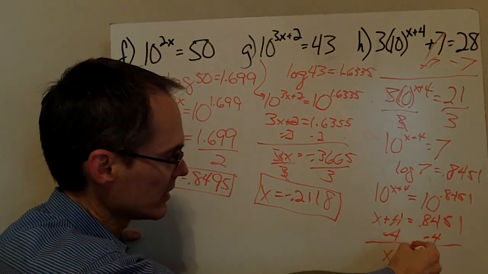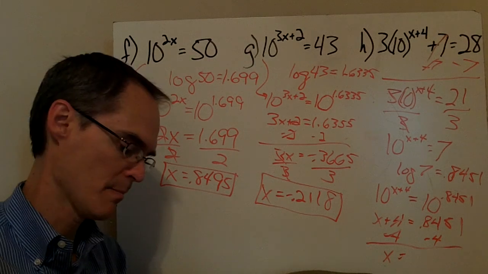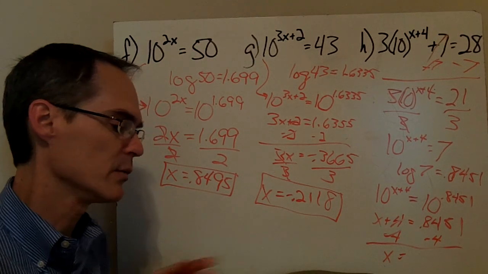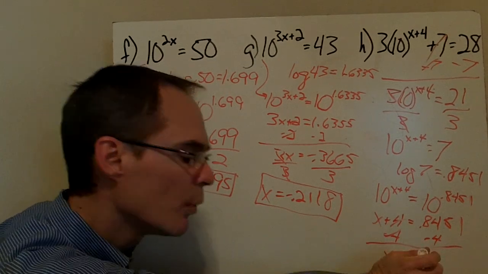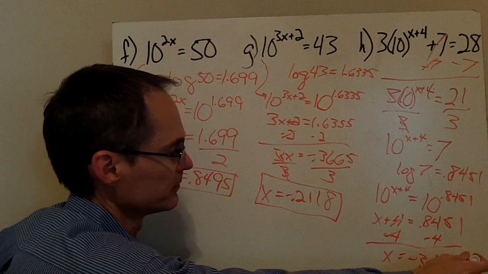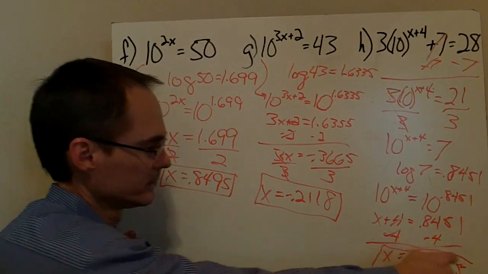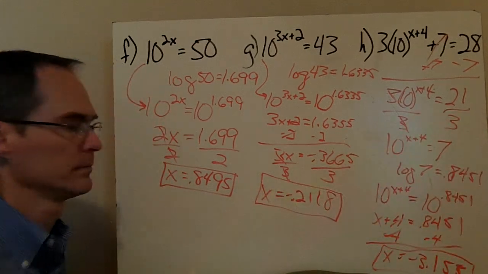And I've got x equals 0.8451 minus 4 equals negative 3.155. And I'm done.